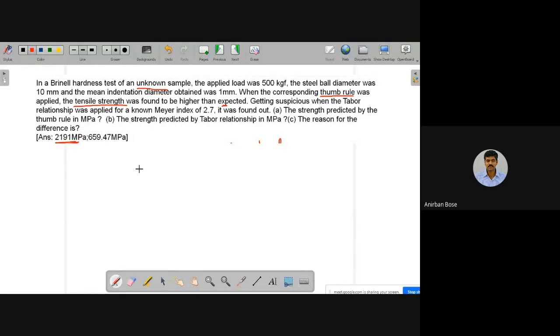So you see, what is the Tabor relationship? For the Tabor relationship, the tensile strength divided by the Brinell hardness number is equal to (1 minus x) divided by 2.62, into (10x divided by (1 minus x)) to the power x.